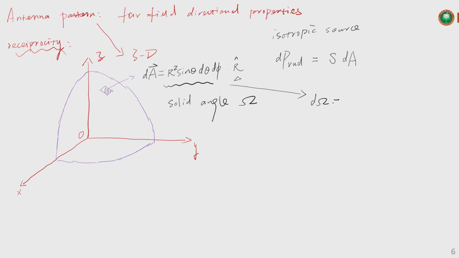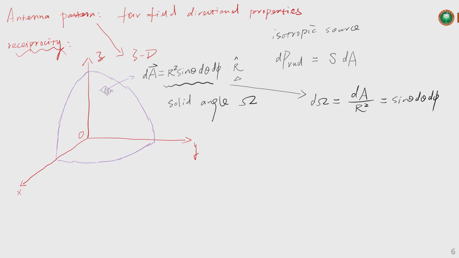It can be expressed as the area corresponding to the solid angle divided by the square of its radius, so it can be expressed as sin theta d theta d phi.